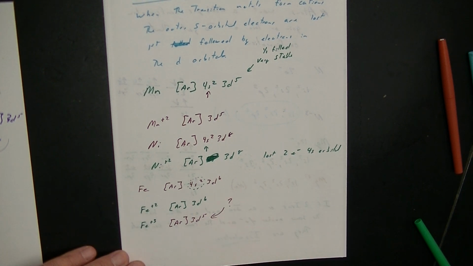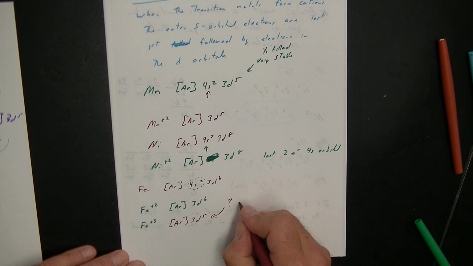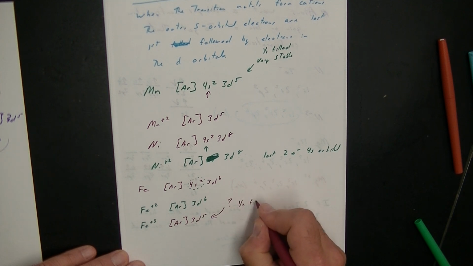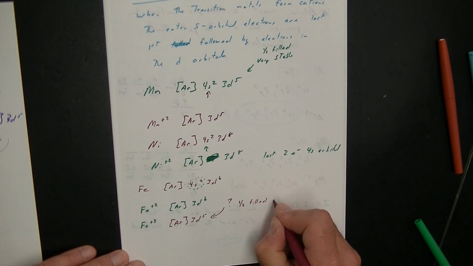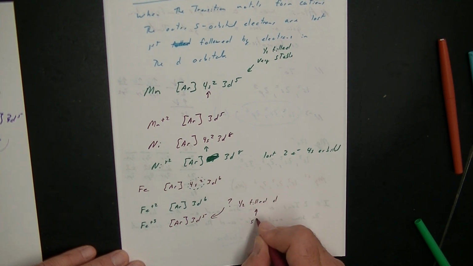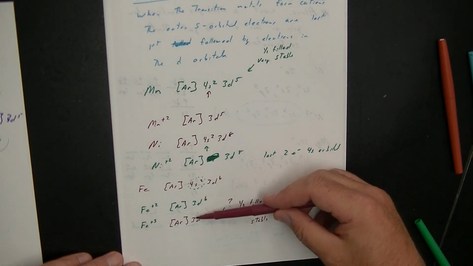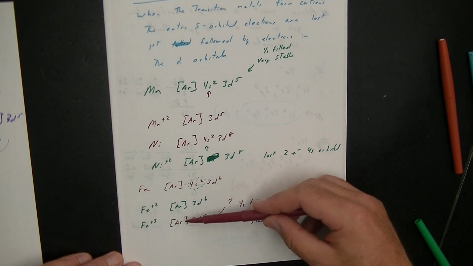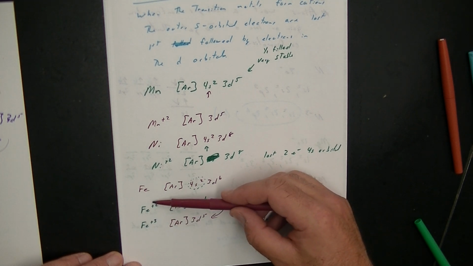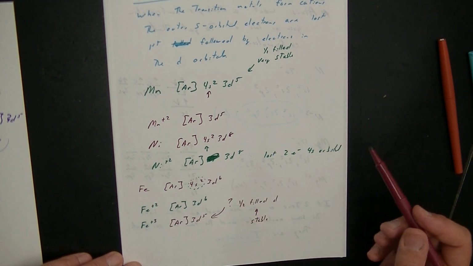If it loses that one more d electron, it gives us a half-filled d, which remember is very stable. So iron is one of those elements that will form both of them, and that's why it likes to form +2s and +3s.